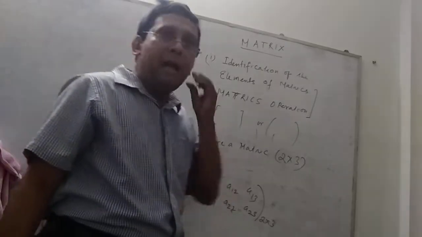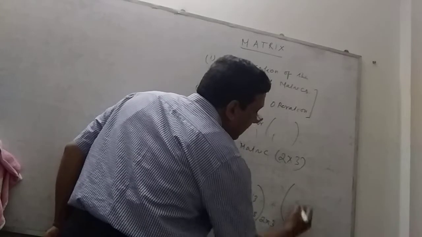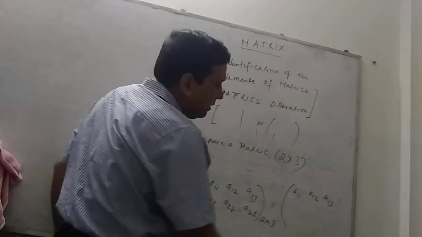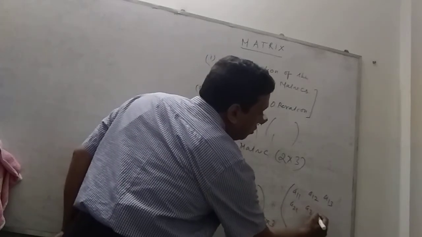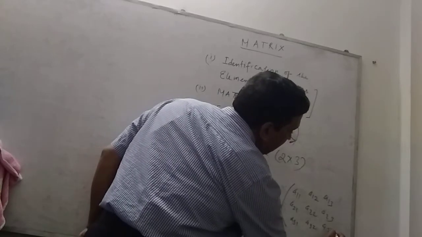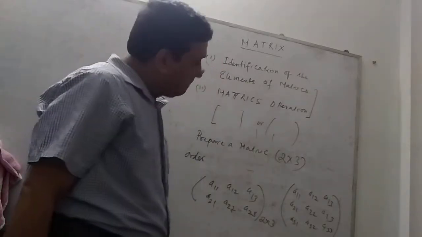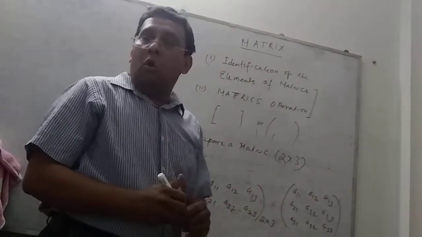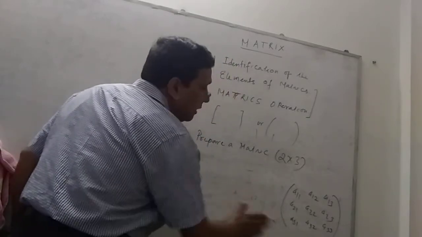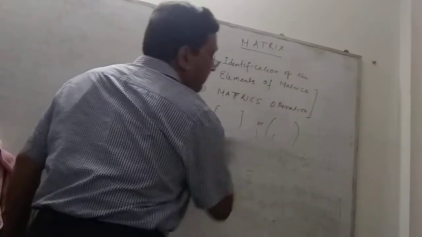If I am asked to prepare a matrix of 3 by 3 order, I should write it this way: A11, A12, A13, A21, A22, A23, A31, A32, A33. This is a 3 by 3 matrix, and generally we write in this way. So once you understand the order of a matrix, our next job is to understand what type of question is coming in class 12, IC or CBSE.